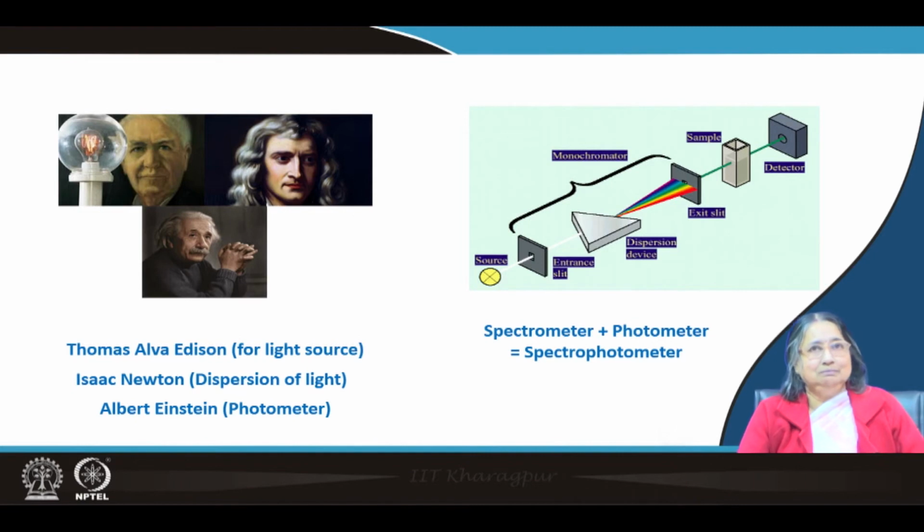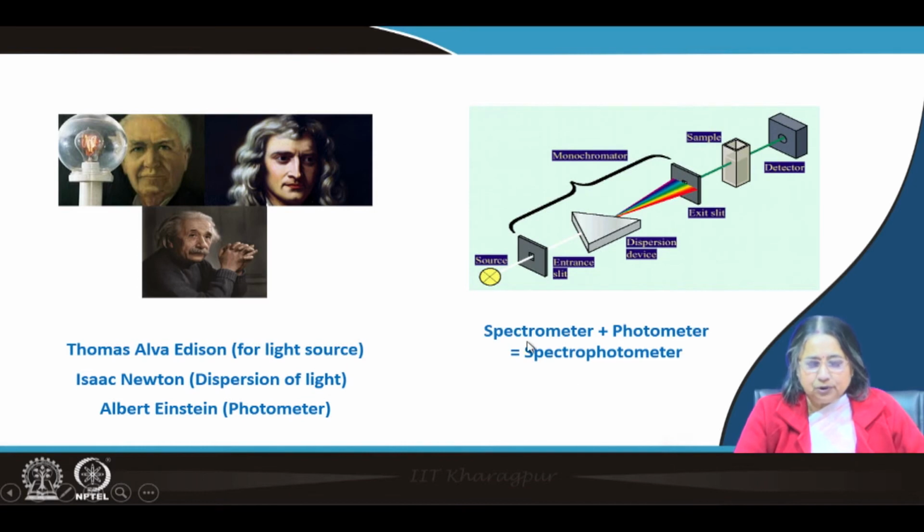Although his most famous discovery is E equals mc squared, that is not an experimental thing, which is why he did not get the Nobel Prize for it, but he got the Nobel Prize for the photoelectric effect. So, this is the application here. Basically, all three scientists' contributions are here in the spectrophotometer.